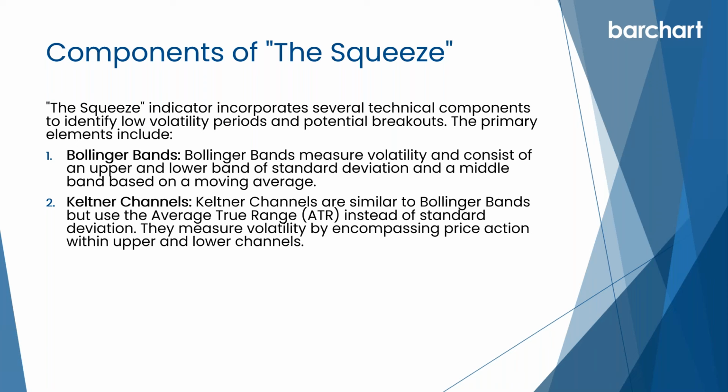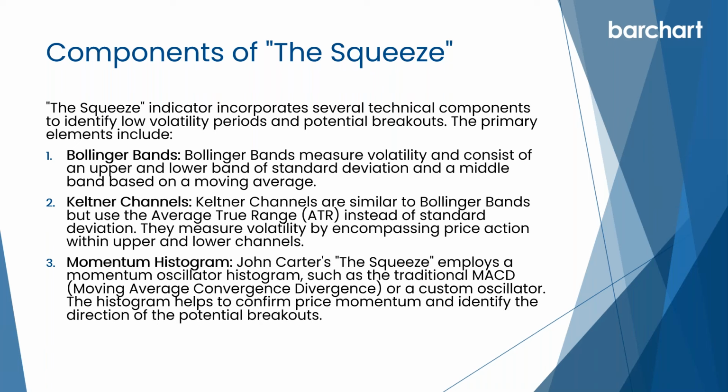Now, Keltner channels are similar to Bollinger Bands, but they use the average true range to measure volatility, and they are based on an upper and lower channel. So as the Bollinger Band gets squeezed inside of the Keltner channel, this is a time of low volatility.